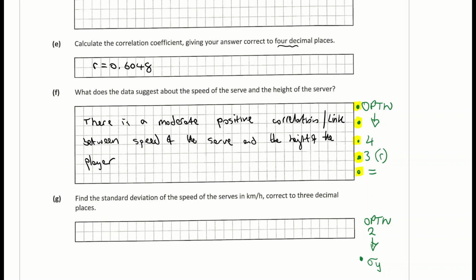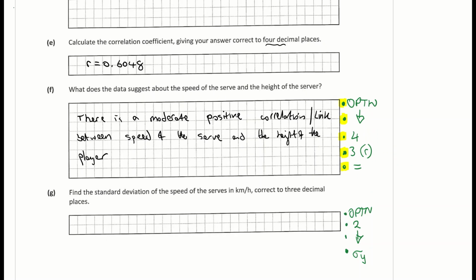We need to scroll down, and we're looking for the standard deviation symbol with the y attached to it. So our standard deviation for part G would be, from my calculator, 10.902 kilometers per hour. The question wants it to 3 decimal places.